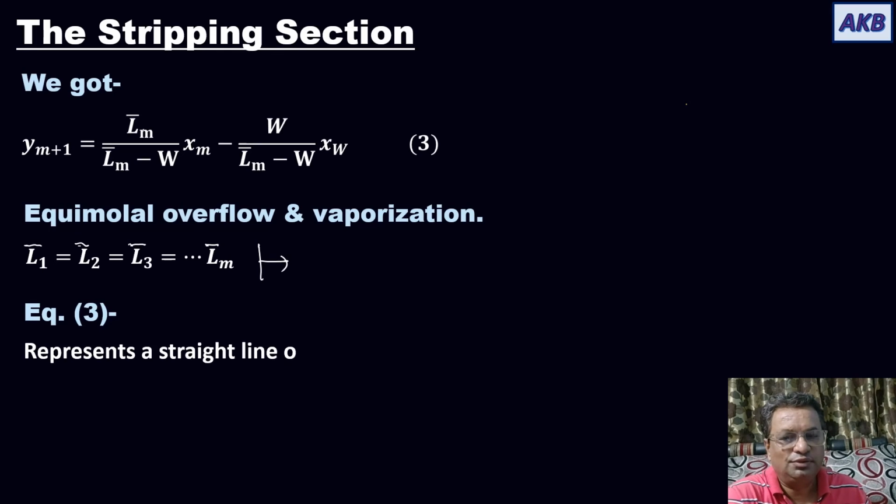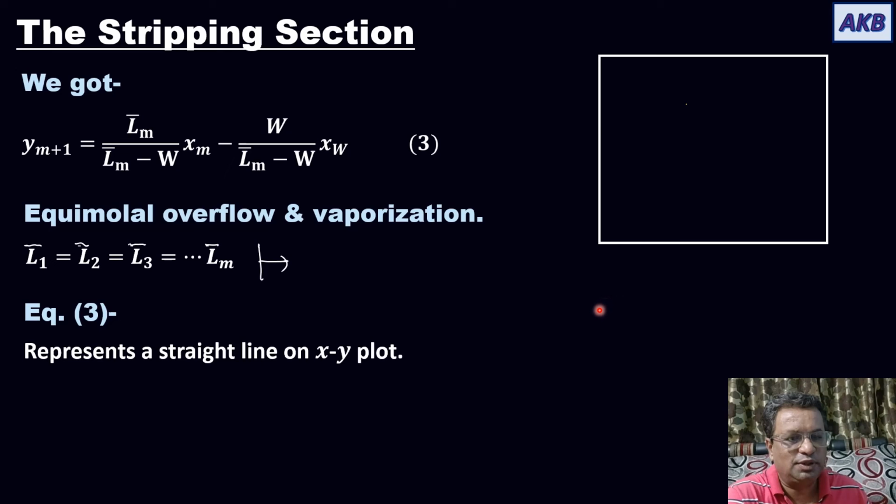Okay, so if you look at equation number 3, you can clearly understand that it represents a straight line on the xy plot. What is the xy plot? Mole fractions of A in the vapor phase are plotted on the y-axis, and mole fractions of A in the liquid phase are plotted on the x-axis.